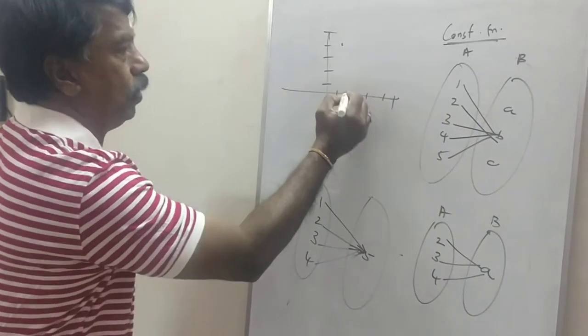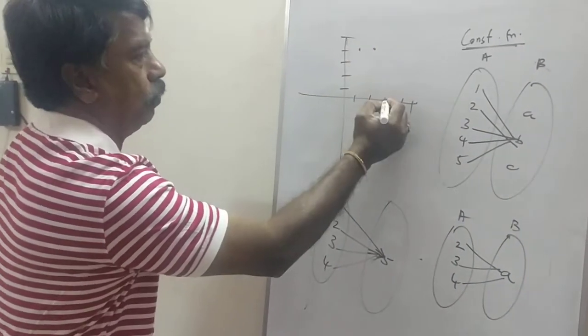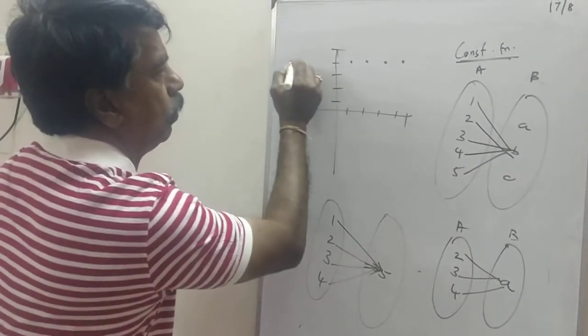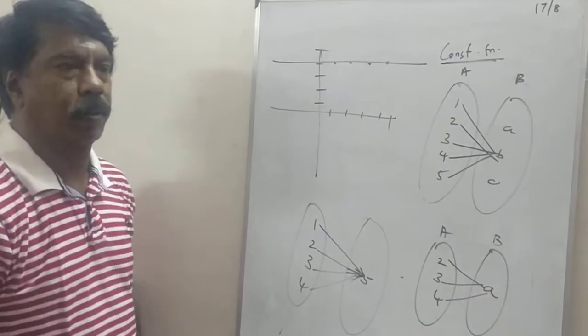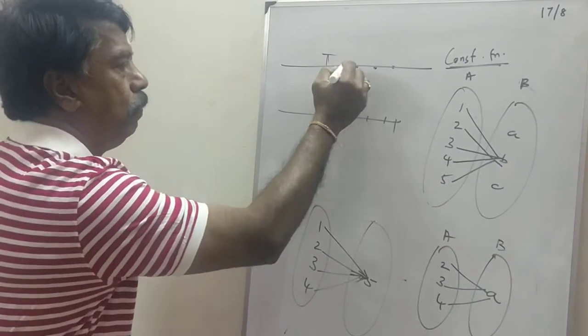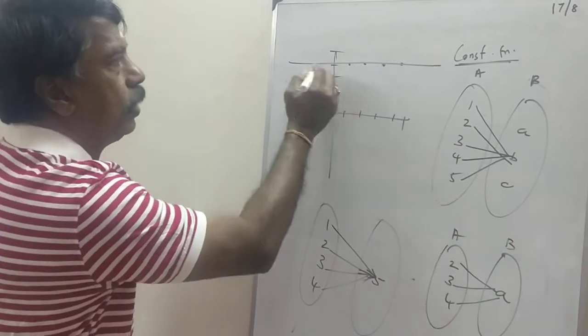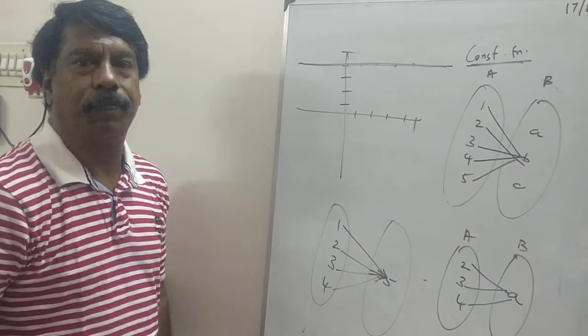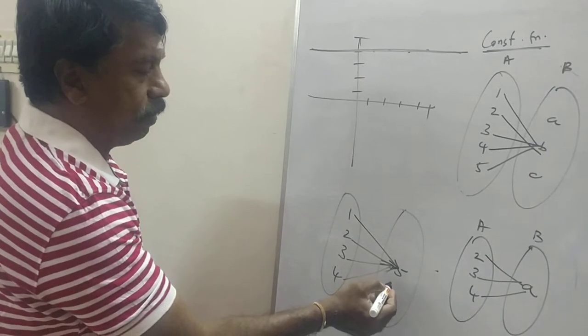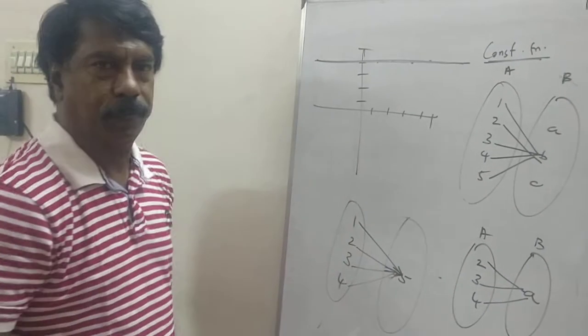This is a line. So if you draw the vertical line test, it is now a constant function. Here it is an onto function.